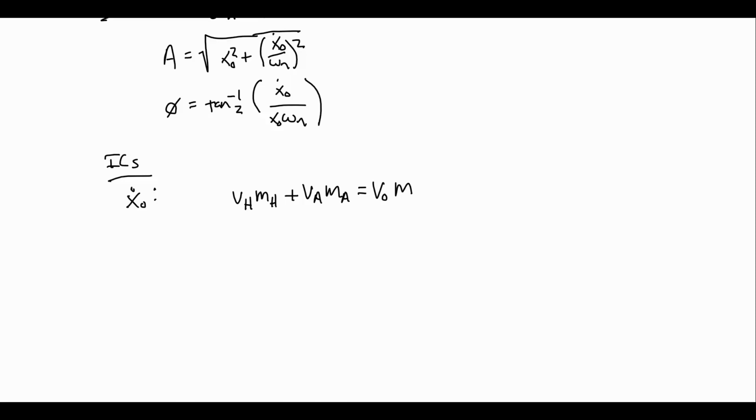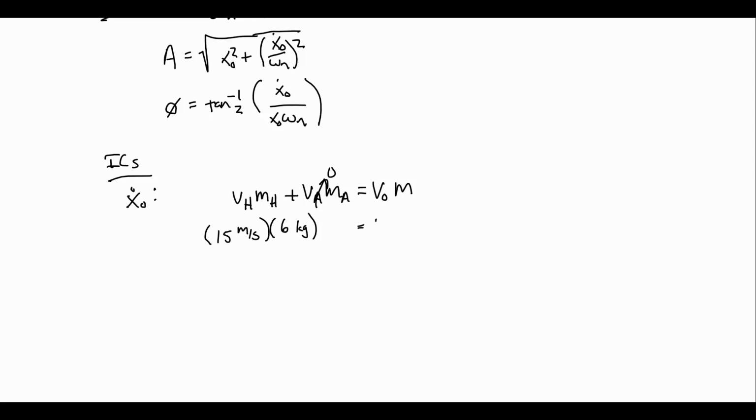Right? So again, total momentum before the strike on the left-hand side, total momentum after the strike on the right-hand side. So the hammer is traveling at 15 meters per second right before the strike, and the mass is 6 kilograms, plus the velocity of the anvil. Well, right before the strike, the anvil is at rest. It has no velocity. So this whole thing is just going to be 0.